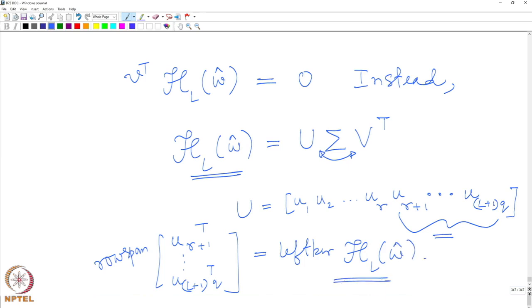That follows from singular value decomposition theory, and we just had a look at these things. We did not go into details, but we gave ideas as to why this should be equal to the left kernel. That is how, in a roundabout way, we find the left kernel of this matrix. But why did we do this?